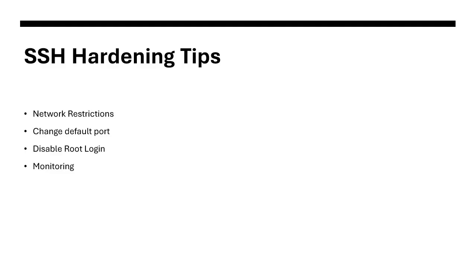A potential port could be 2222. My third hardening tip is to disable root login. Disabling root login will prevent attackers from accessing the most powerful accounts. By doing this, it will force administrators to authenticate their individual accounts.